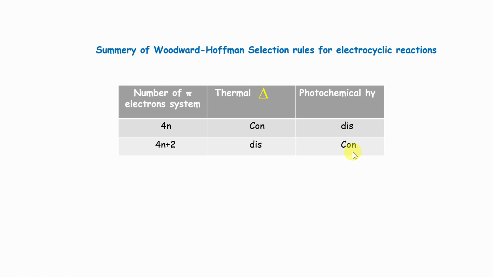We have considered the FMO method for analyzing the thermal and photochemical interconversion of butadiene to cyclobutene and also hexatriene to cyclohexadiene. With this discussion, I conclude this video.